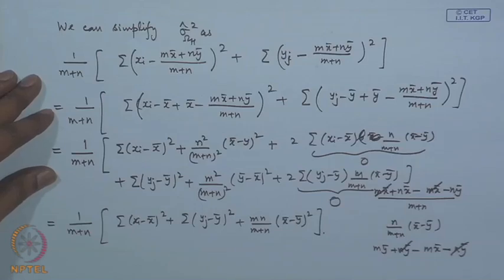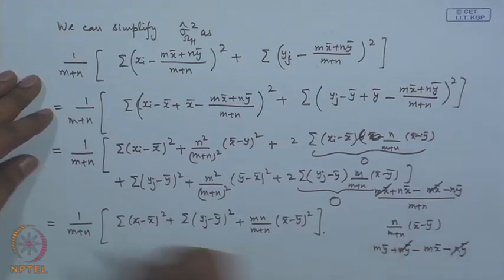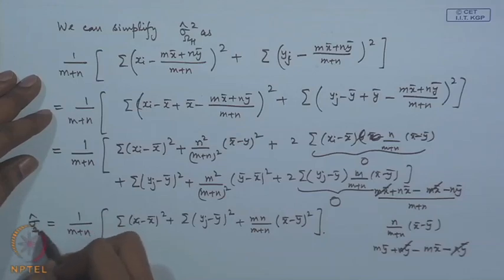That is the term that I will be getting after simplification of this term here. So, if I substitute this value, this is my sigma omega hat head square.